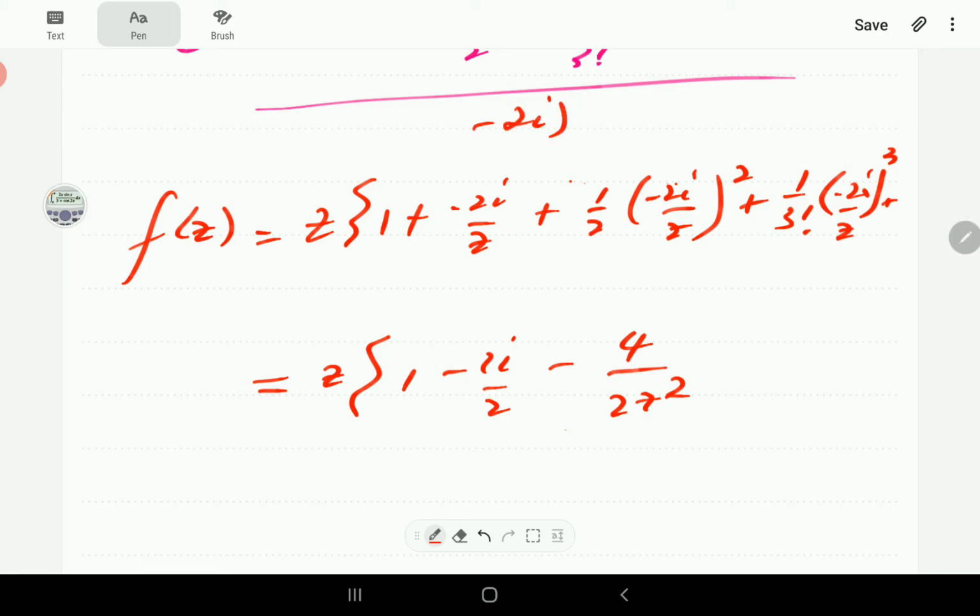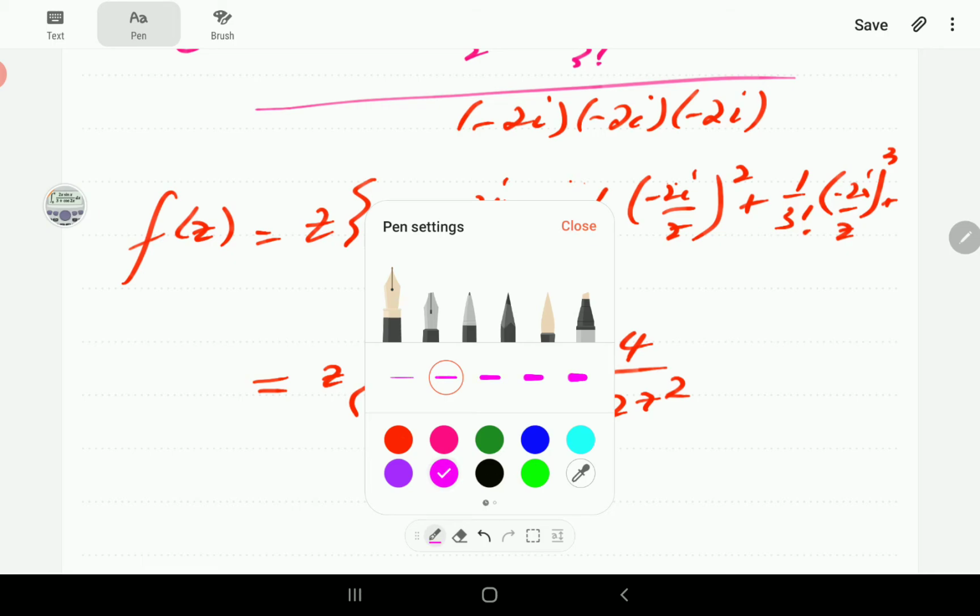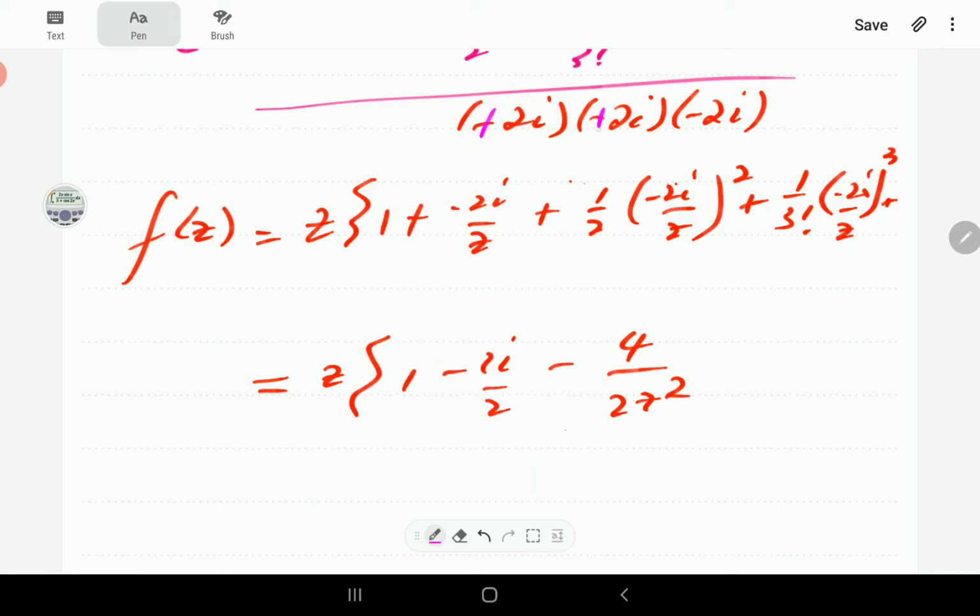So negative 2 times negative 2i times negative 2i. So the negatives, these two will give a positive. So this is going to be negative 8i cubed, but i cubed is negative i. So that means this is going to be plus 8i over 6 times z cubed. So that's going to be that term.